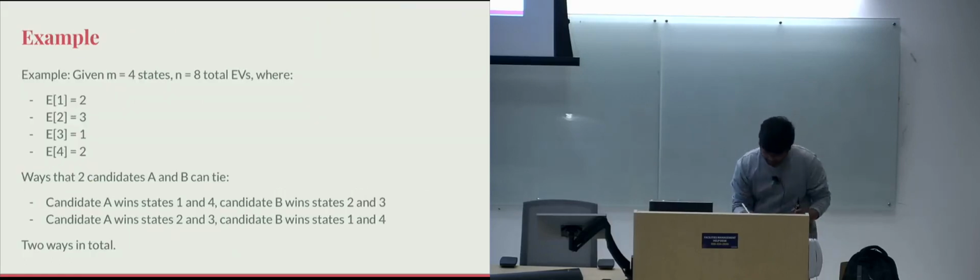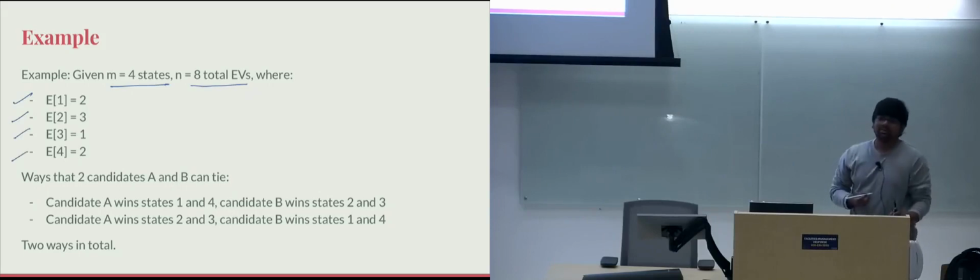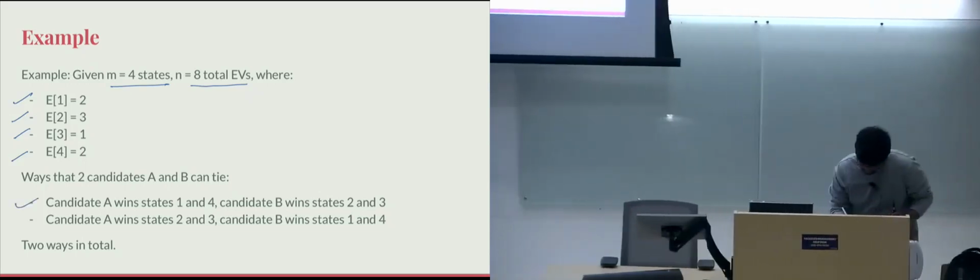If you are given 4 states, total EVs are 8. These are the state EV values. So what are the number of ways in which you can actually tie? The first case here is A can win states 1 and 4, and B can win states 2 and 3.